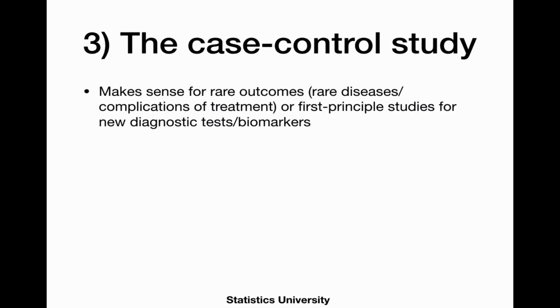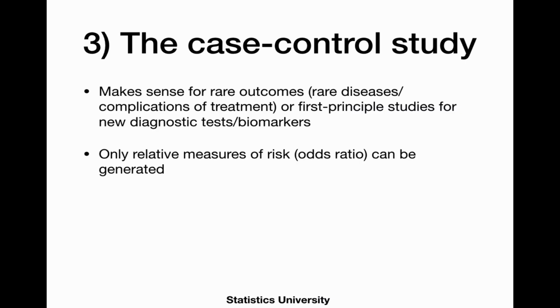Case control studies make sense for rare outcomes or first principle studies for new diagnostic tests or biomarkers that are expensive. And they only allow for the generation of relative measures of risk, and since the common study endpoint is disease or non-disease, oftentimes an odds ratio is calculated because researchers want to adjust for confounding variables in a logistic regression analysis.